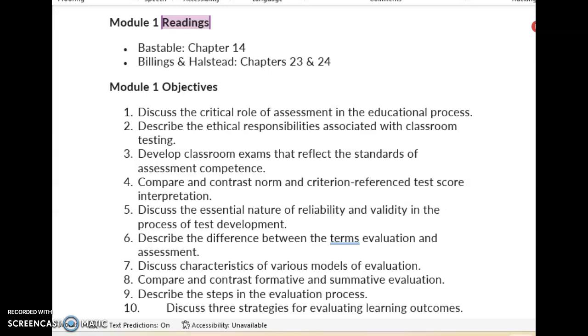Formative evaluation occurs in the middle of instruction, where summative evaluation occurs at the end of instruction. So when we're talking about summative evaluation types, you might hear mention of final grade, portfolio, or capstone project.